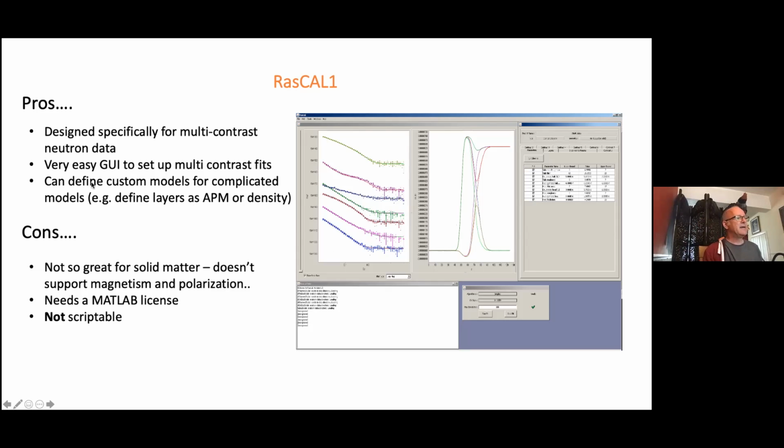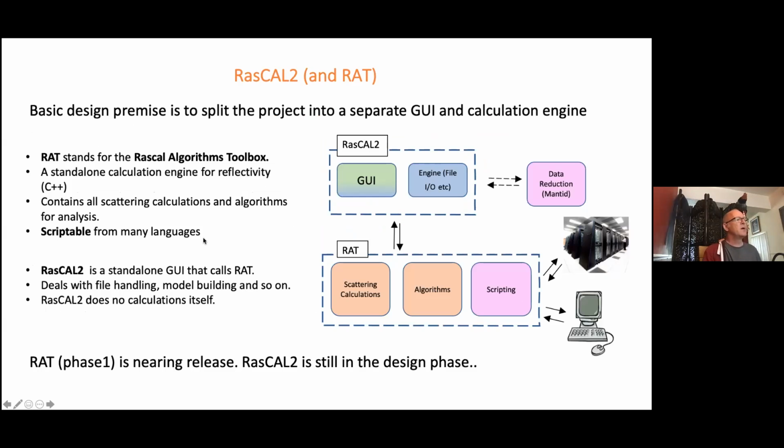So you can do that with layers, or you can define custom models, which are either layers in terms of area per molecule and things like this, or you can also define a custom XY profile, so you can have different references, and then it'll just chop things up. So cons: it's not so good for solid matter, it doesn't support magnetism, you need a MATLAB license, and it's not scriptable. You could, but it would be basically a hack. So that's the reason for moving on to RasCal 2.